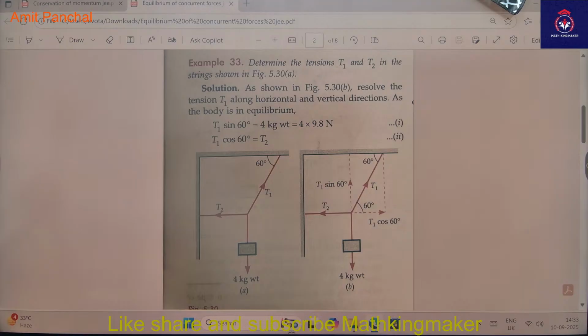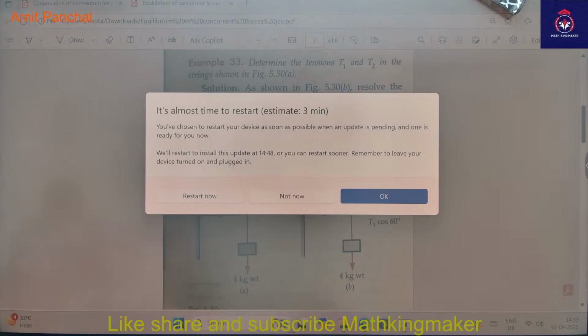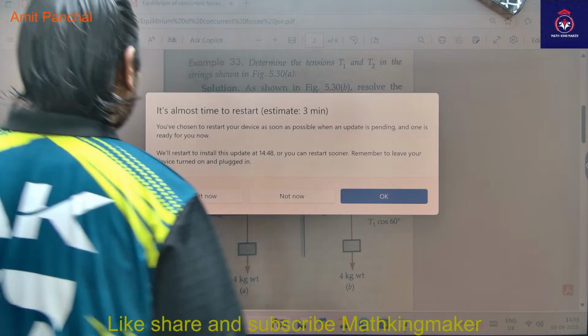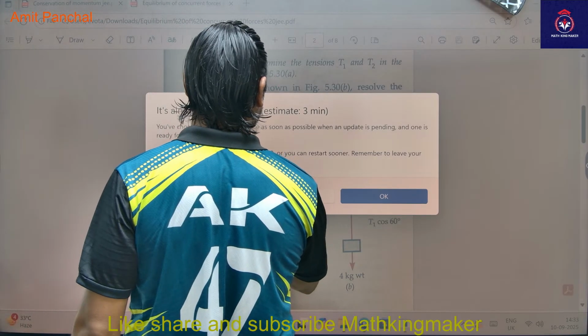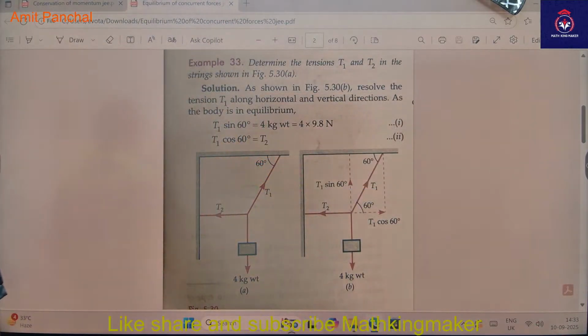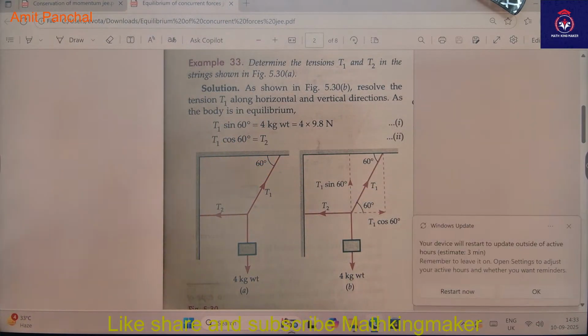Done, sir. Okay, what is your answer? T2 is equal to 40 by root 3. How? You divide them. 40 divided by root 3. How much will it be?